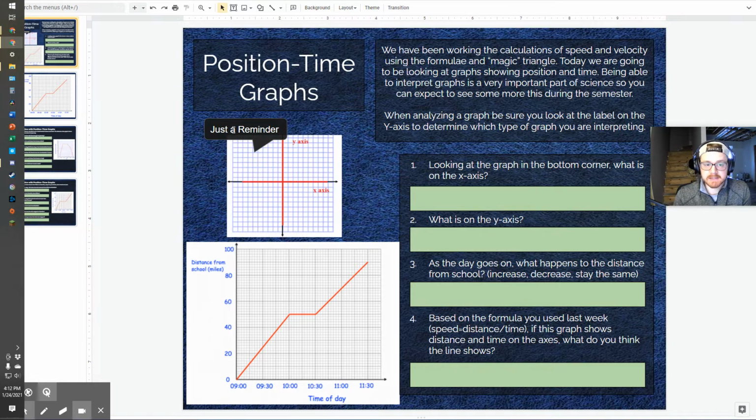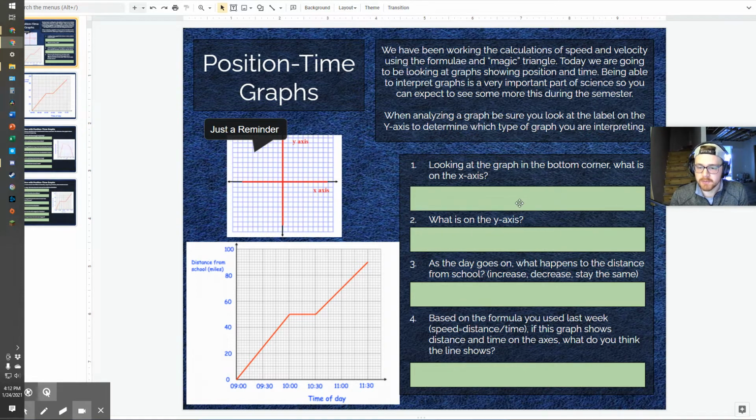Easy enough, position time. We remember that usually in our title we include both the y and x-axis variables, which are our dependent variable over here and our independent variable down here, and it should be pretty obvious which one is which.